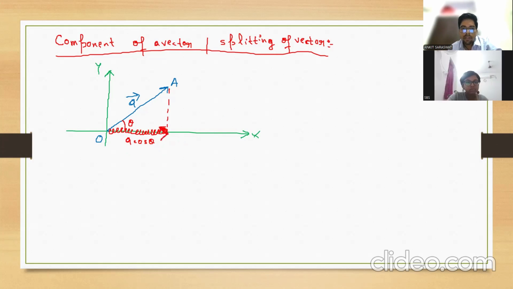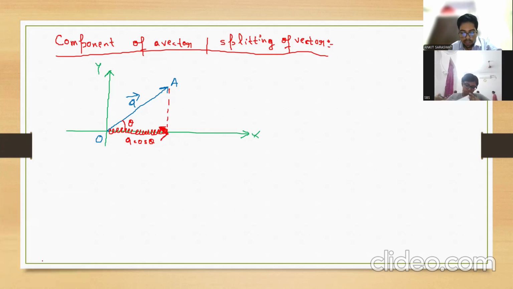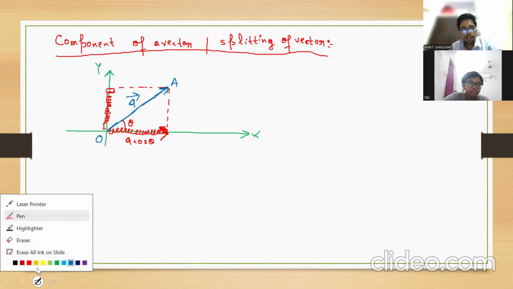Clear? Similarly, projection on y-axis. On y-axis, this is the projection. Just drop a perpendicular on y-axis. Then this is the projection on y-axis. So when this original vector is moving in this direction, their projections are moving in x and y direction.